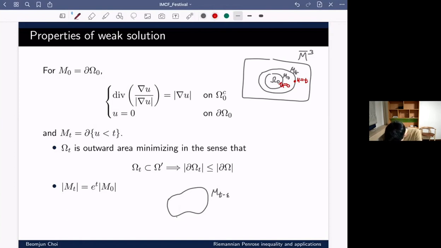So some region immediately jumps. So your surface is not moving continuously, but has some jump like this. And it actually satisfies some variational equation, but I won't go in that direction.